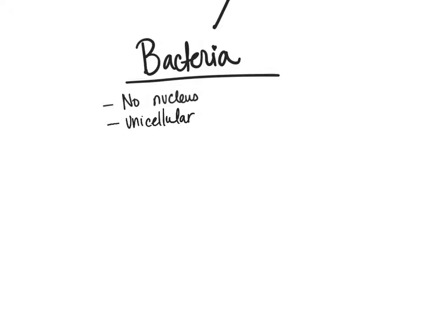Some things that are characteristic specifically of bacteria is that they have a cell wall, and second of all, it's made of peptidoglycan. And we're going to get into the specifics of what exactly that means.